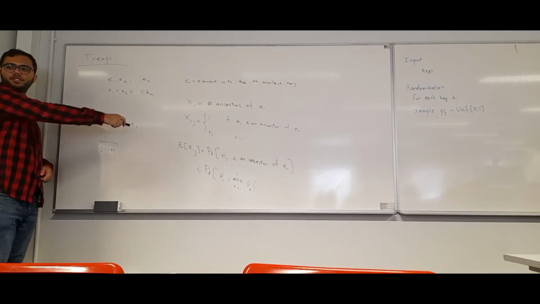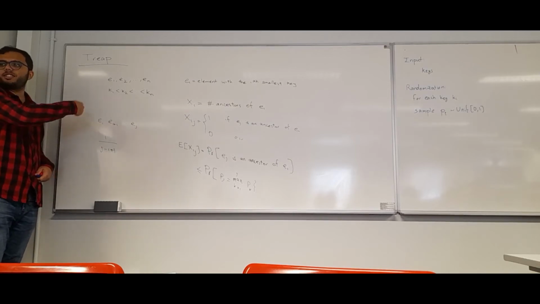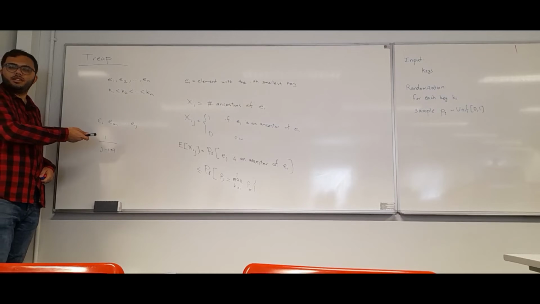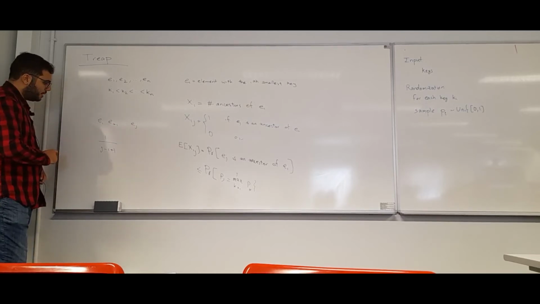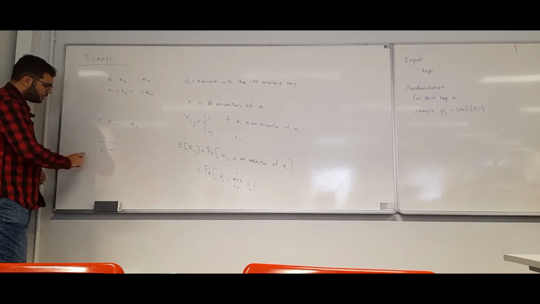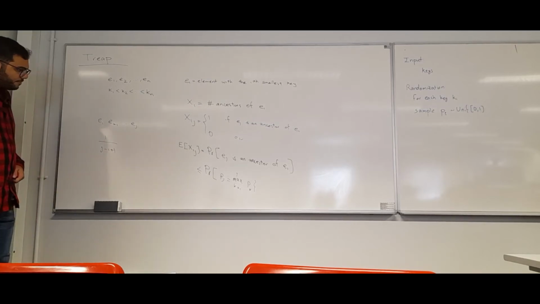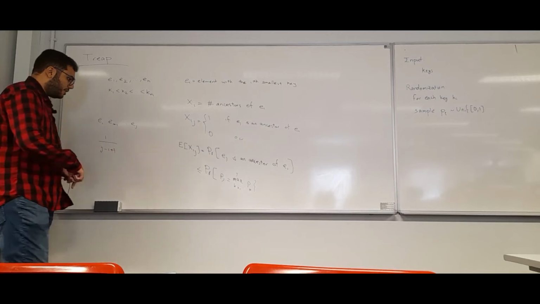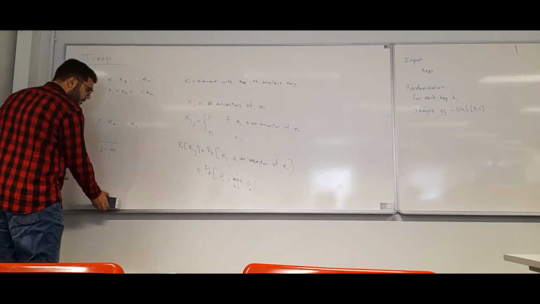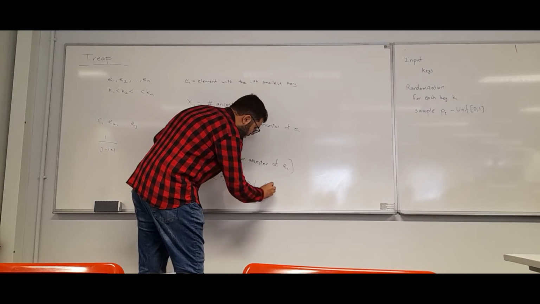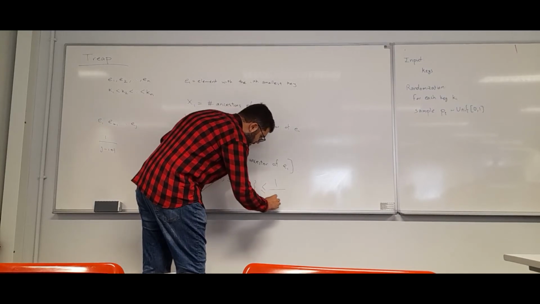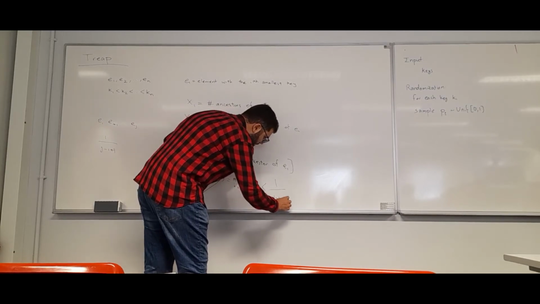So each one of these elements has the same probability of being the maximum, and I want the probability that this particular element is the maximum. So that is at most 1 over j minus i plus 1.